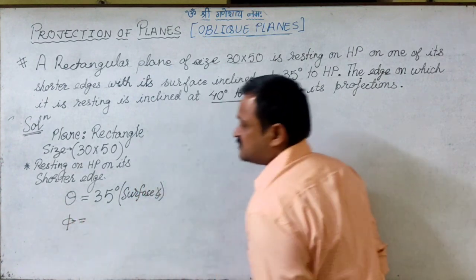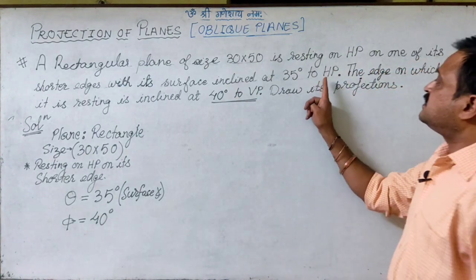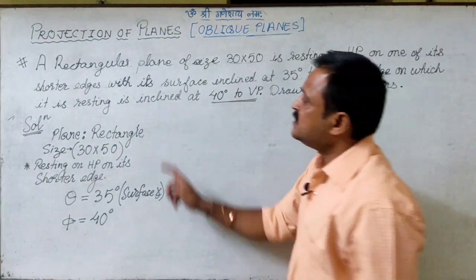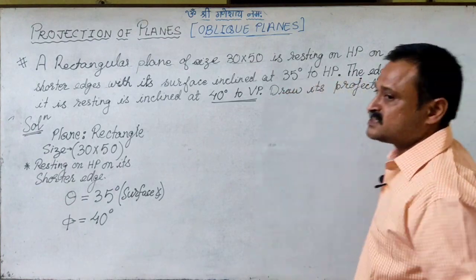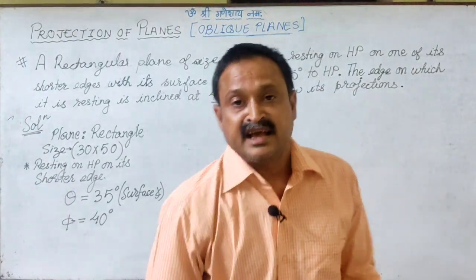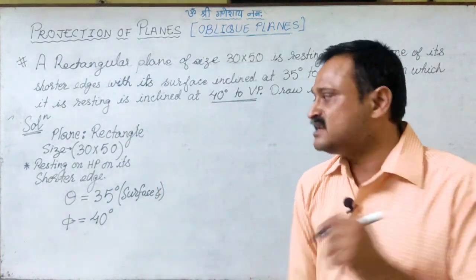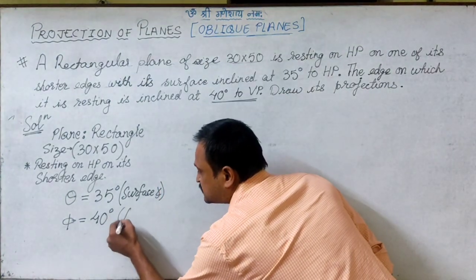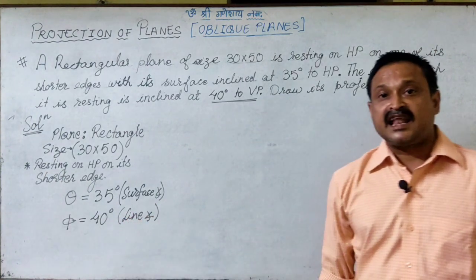So phi is given to me as 40 degrees. And this inclination of 40 degrees is given with reference to the edge on which it is resting, and an edge is a line.